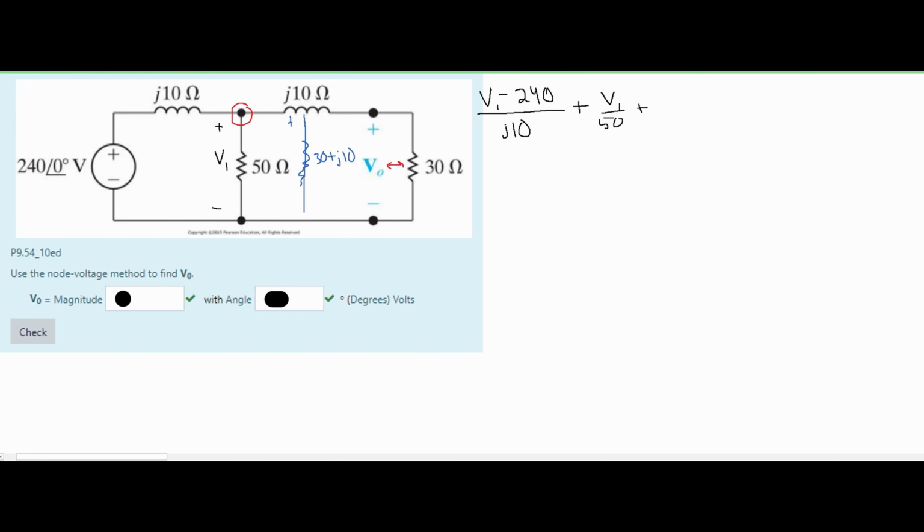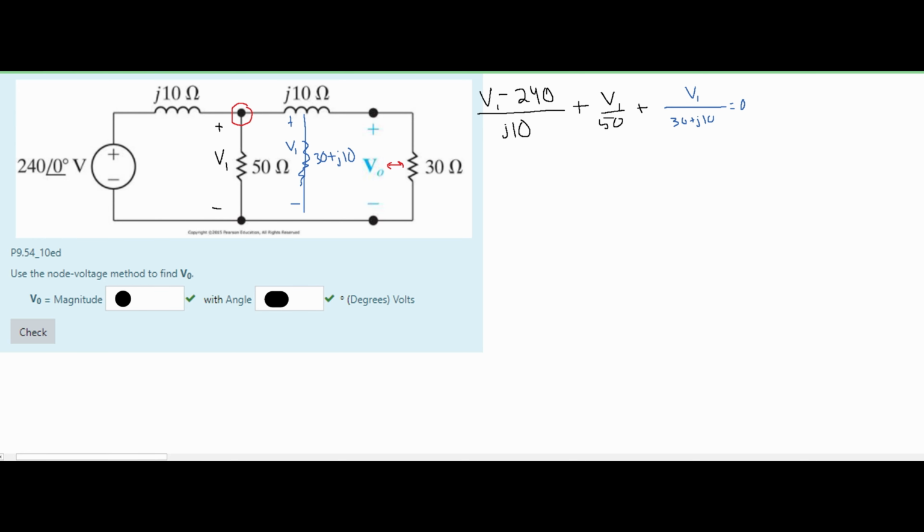We can see that the voltage flowing through here is in parallel with this voltage, and remember, voltages in parallel are the same throughout. So if we write it like this, this is going to be equal to our V1. So for this specific part, we are going to have a plus V1 over our 30 plus J10, and this is all set equal to our 0.